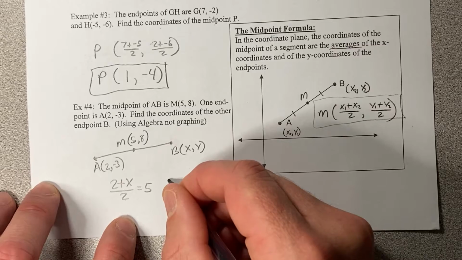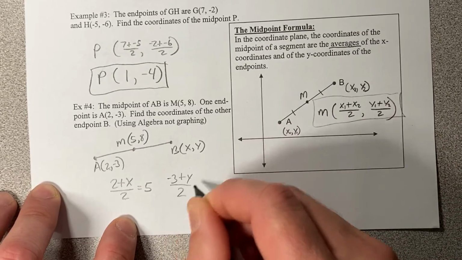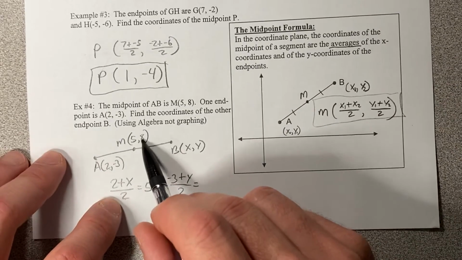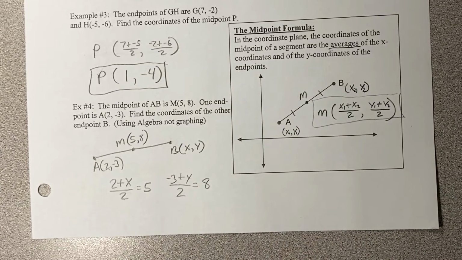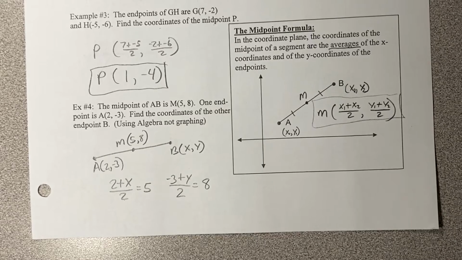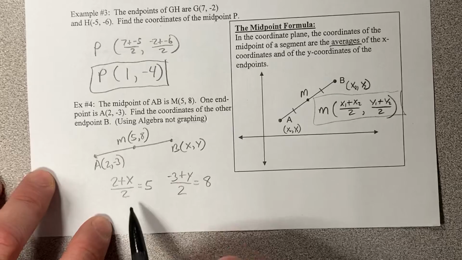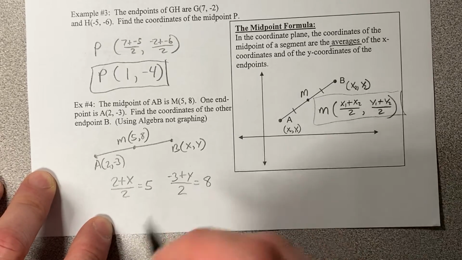Alternatively, if I add the y values and divide by 2, what should I get? I should get 8, the midpoint y value. So now this allows us to solve for endpoint x, y. I would suggest multiplying by 2 to undo the division.